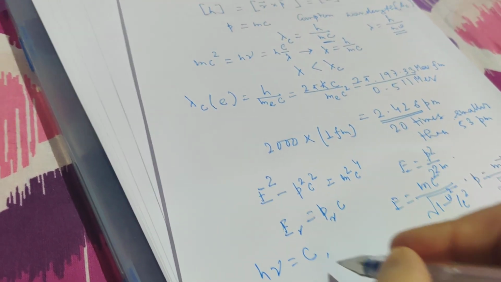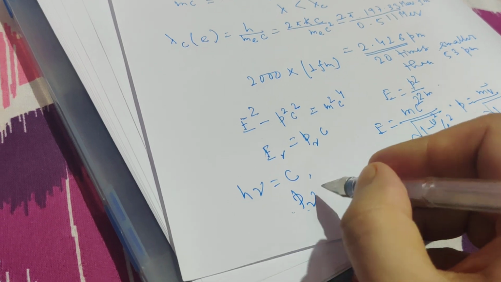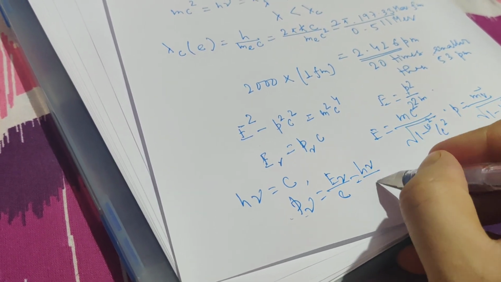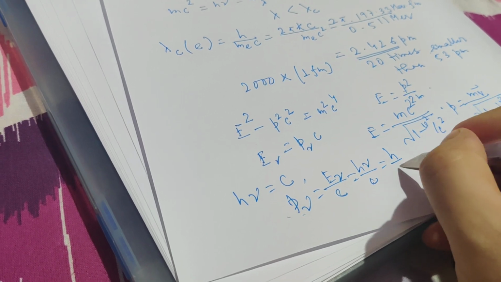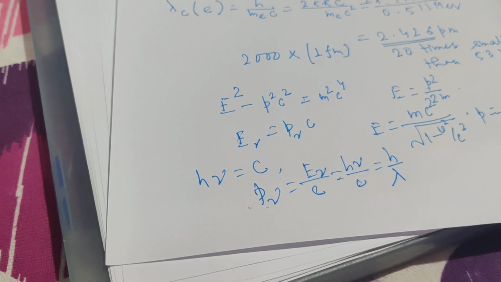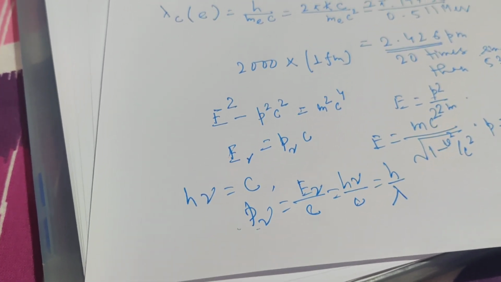We can write P is equal to E by c, that is h nu by c, that is h by lambda. And we will see this relation again later when we discuss the matter waves.